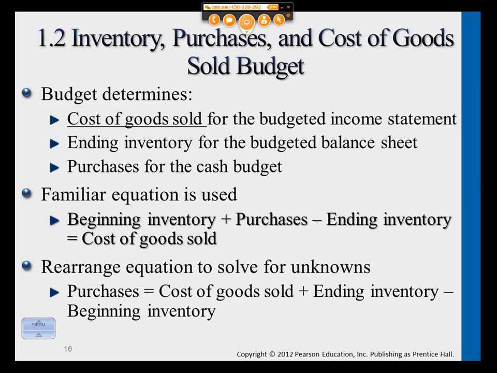Once you have all the components together, you're going to be able to determine the cost of goods sold for the budgeted income statement. Another benefit of this budget is that you're going to be able to put together your budgeted balance sheet with the ending inventory, right? It's going to give you your ending inventory. And then third is what your purchases are for the cash budget.